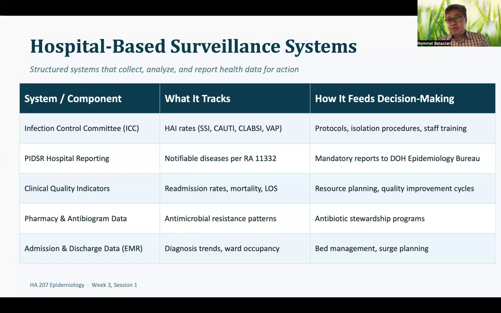The fourth is the pharmacy. This has certain overlap with infection control, but usually there could be a separate department that would handle, as I mentioned earlier, the antibiogram or the antimicrobial resistance patterns. But the pharmacy is also important with regards to tracking of adverse drug events, not just looking into antibiotic use and resistance patterns.